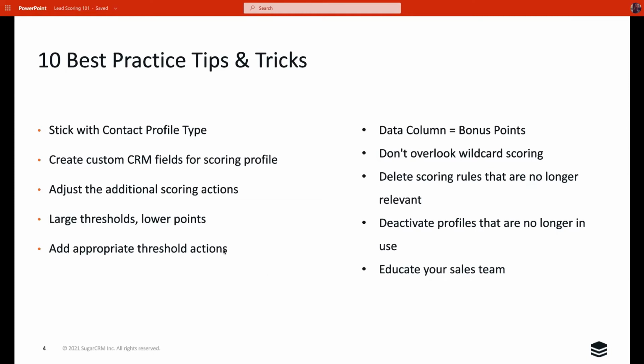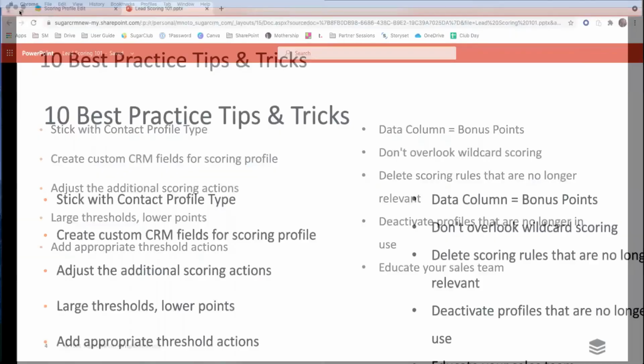Now you can have actions come off, a whole variety of them. When we say appropriate, it just means don't just add an action just because you can. Be thoughtful about it and think about what is really necessary. So we're going to walk through an example of different actions you can have in each scoring group and why I added them that way. So go ahead and click back.